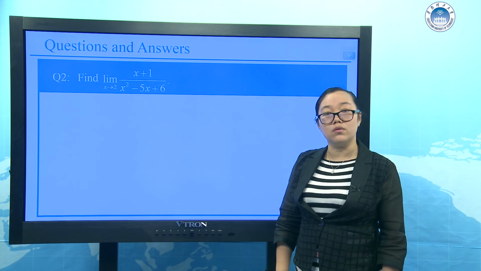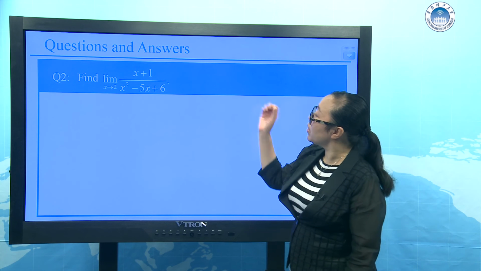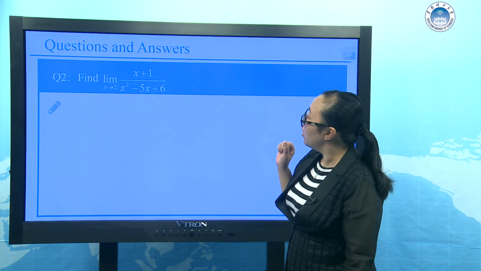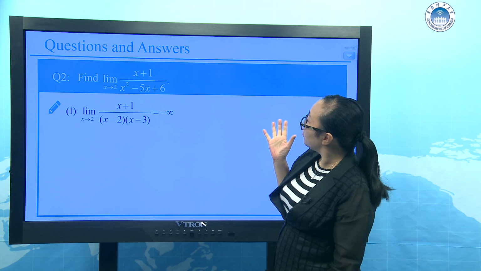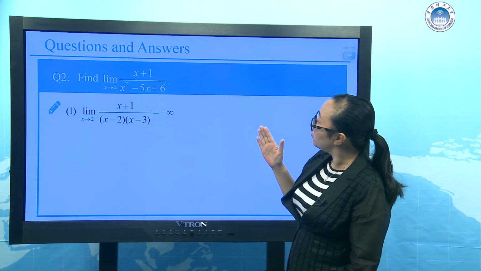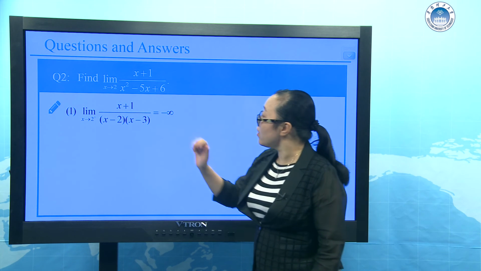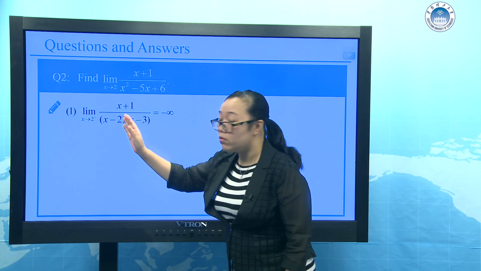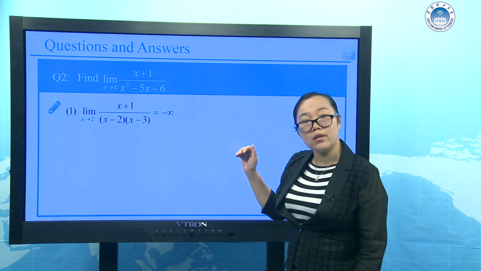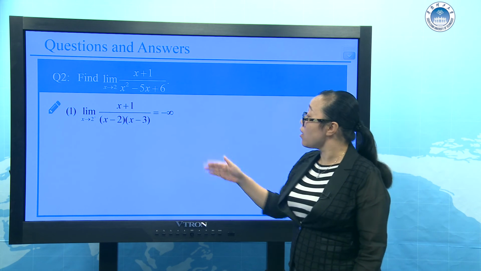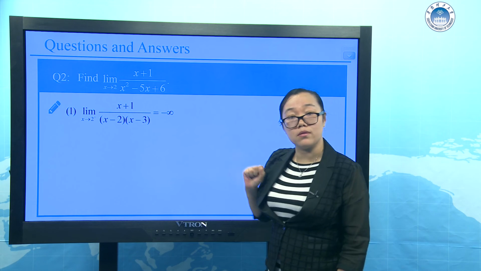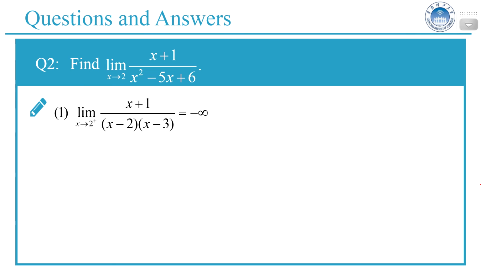Now look at question 2. Try to find the limit. According to our idea, how to compute x tends to 2? We can consider 2 cases. Case 1, x tends to 2 from the right side, x tends to 2 plus, equals minus infinity. Why? Who can tell me why minus infinity?